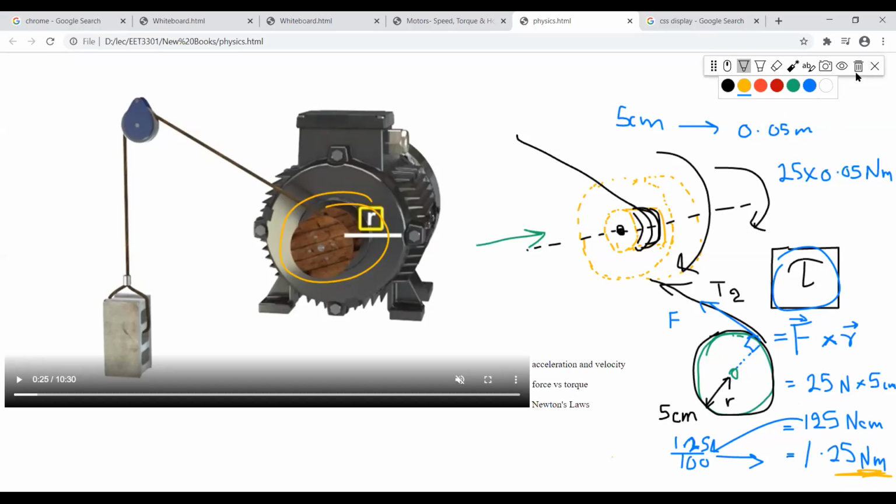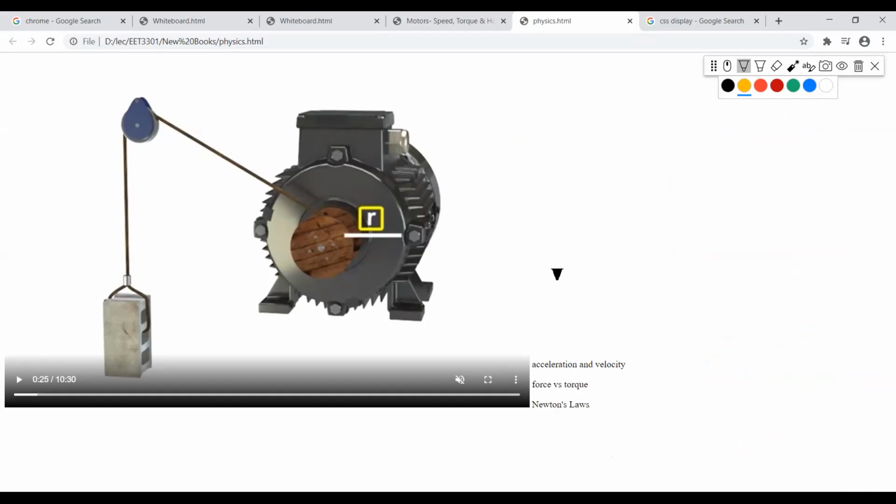So I hope now you have an idea about what we're talking about here. I got some other answers as well. There is a student who has used the unit RPM to measure torque. Again, I am telling you this is wrong.